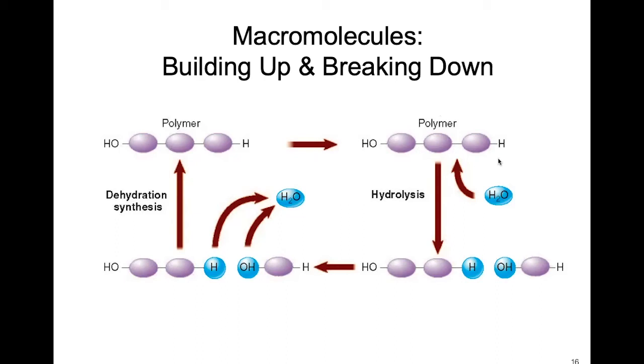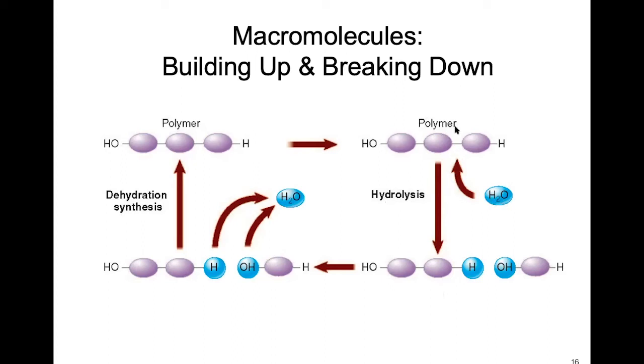Now, the process of taking that larger polymer, the glycogen molecule, and breaking it down, we actually require water again to help break those individual bonds of those individual glucose units. So the water comes into play, breaks those bonds, and now we're left with an individual glucose that can then be used to make some energy for us. This process is known as hydrolysis, because hydro refers to water and lysis refers to breaking.